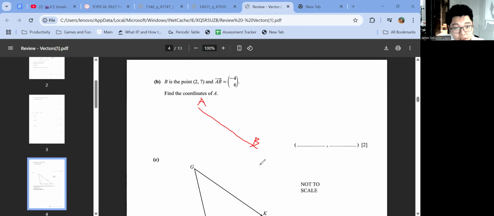This is A, and this is B. You just think of it as a translation by x units and y units. So the x units of -4 and then the y units of 6. And by reversing the translation, we can also say that it's (6, 1).